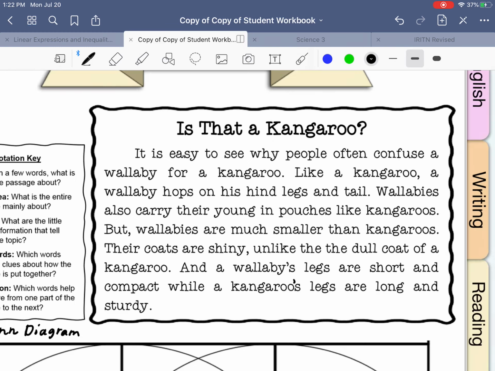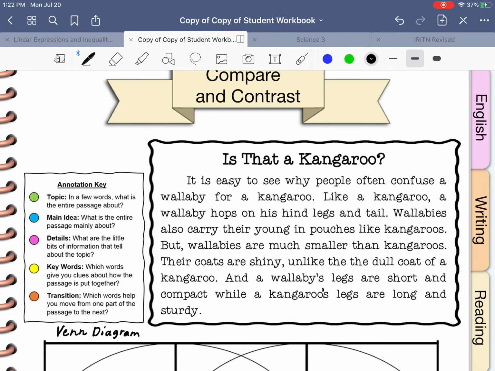So let's take a look at main idea, or actually topic we do first. In a few words, what is this entire passage about? Now, up until now, we've just highlighted the title, but that won't work this time because this passage is not just about kangaroos.